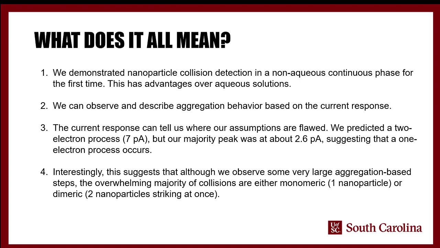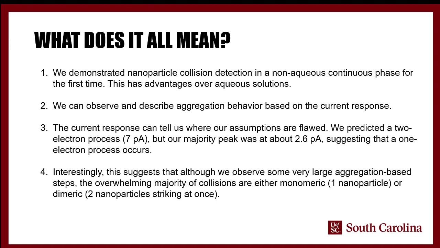But our majority peak in terms of the current steps was around 2.5 to 2.6 picoamps, which suggests that it was more likely to have been a 1-electron process. The other interesting thing is that there was that secondary peak at about 5.9 picoamps.